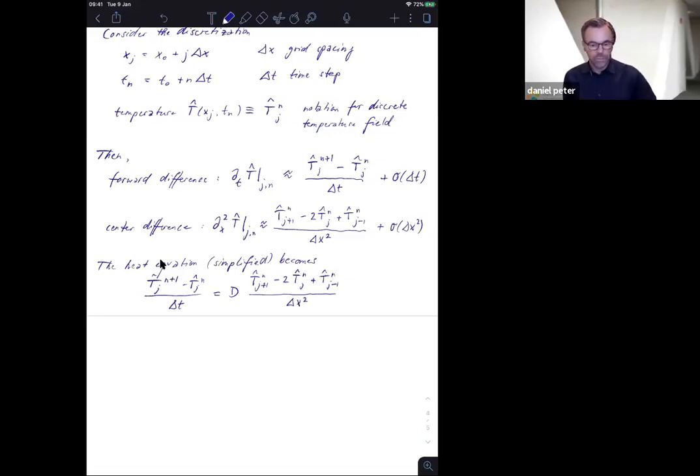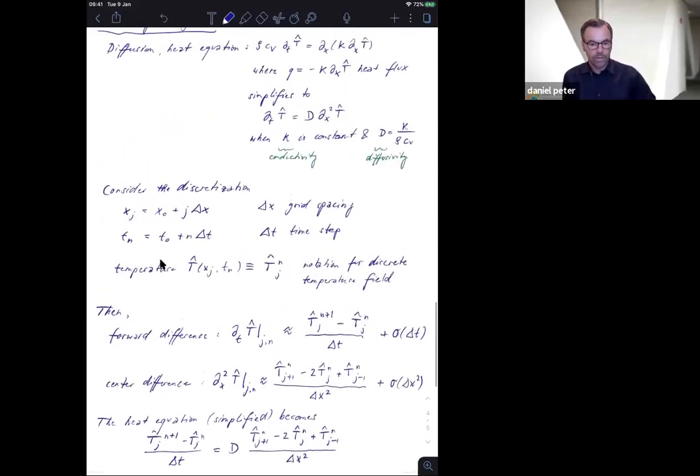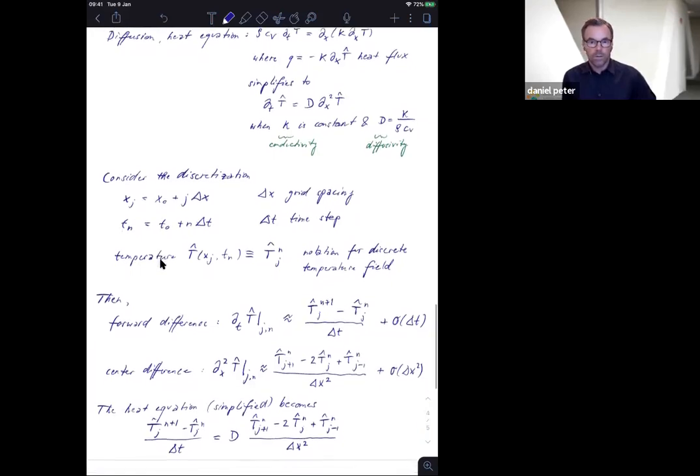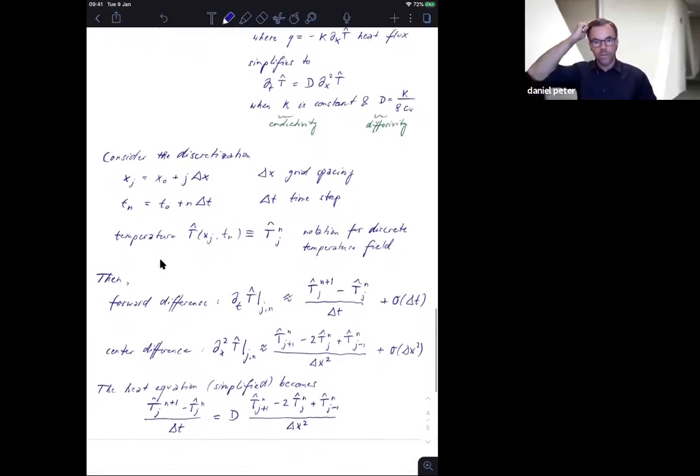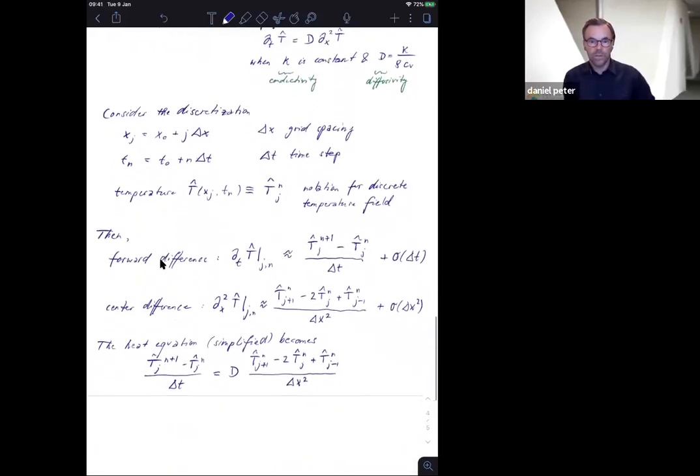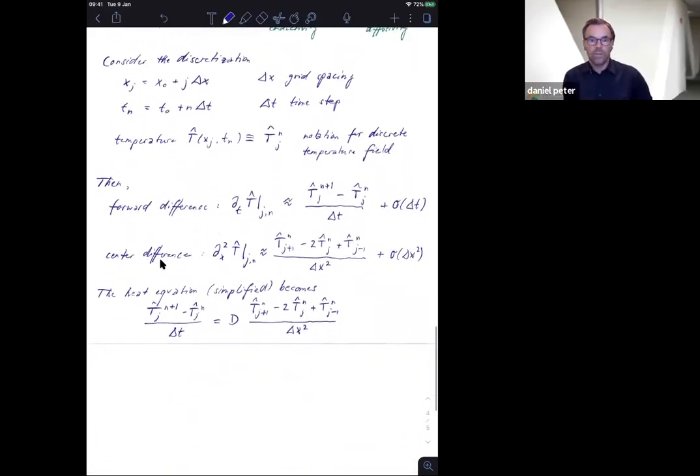Good, so what we did basically is rewriting the diffusion equation in a discretized way. So we discretized grid, space, and time, used the finite difference approximations for the derivatives. So the heat equation now becomes this one.